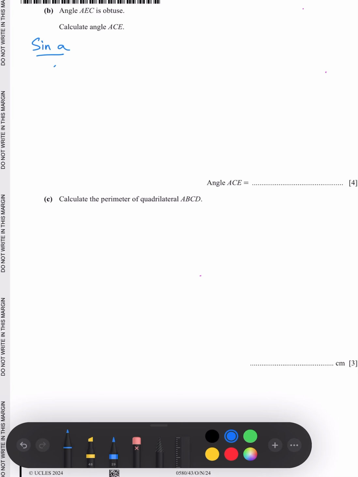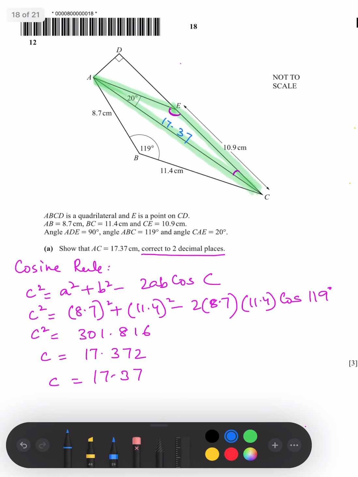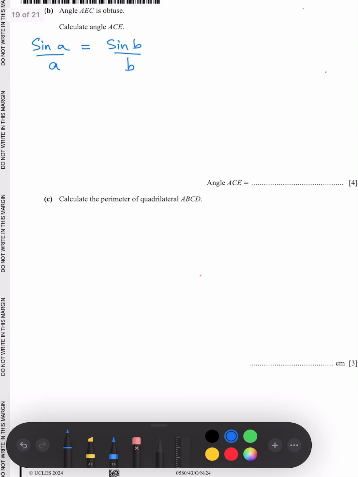Sine A over a is equal to sine B over b. Sine of 20 over 10.9 is equal to sine of this angle we have to calculate over the side 17.37. Let's calculate it.